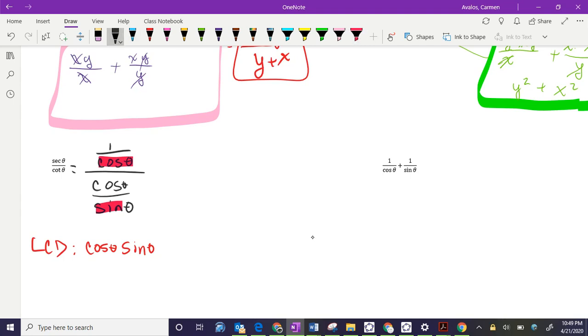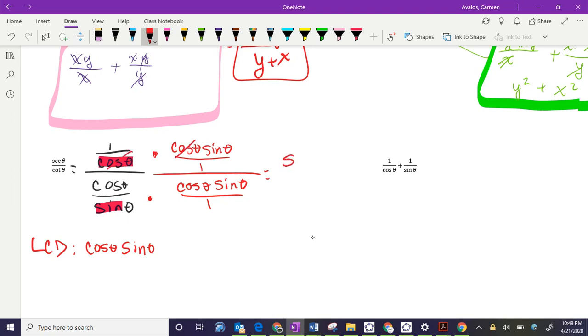And so when we do this, we are going to multiply this by cosine of theta, sine of theta over 1. And then you have the big fraction, and then we're going to have cosine of theta, sine of theta over 1. Because this is multiplication and that's multiplication and it's one fraction, this cosine is going to cancel with that cosine.